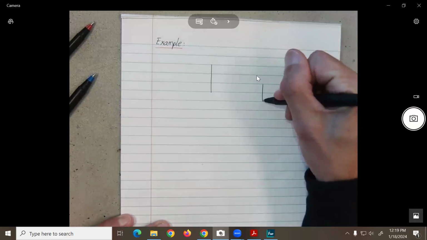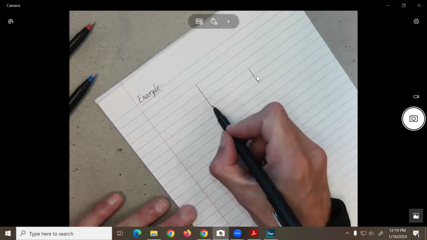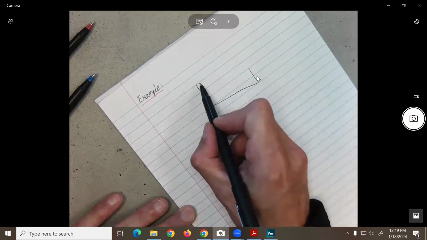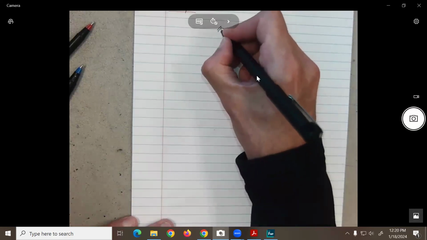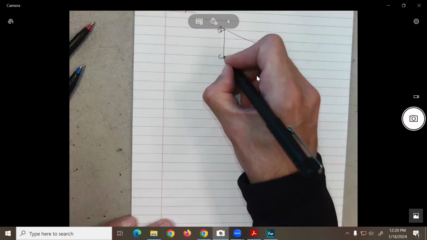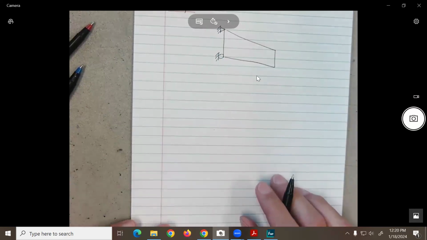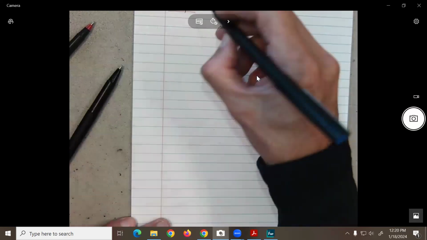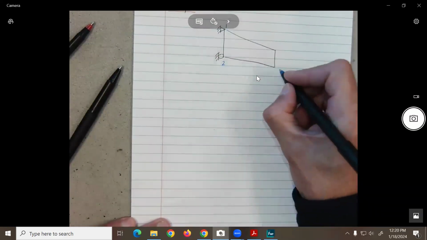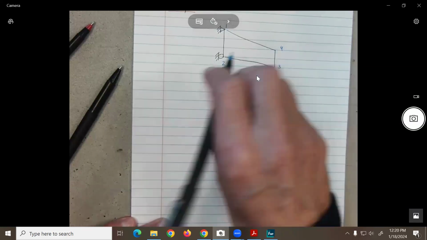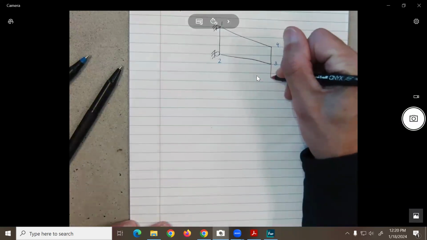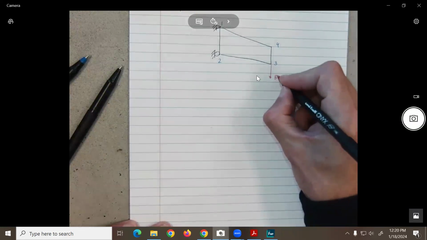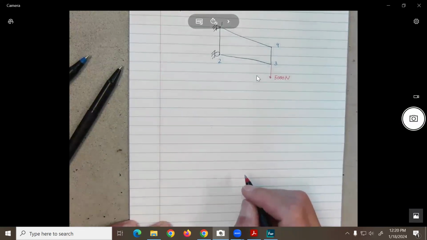Up 2 over here, so it's a taper. This will be 1, 2, 3, 4. We have here a force of 5,000 newtons.